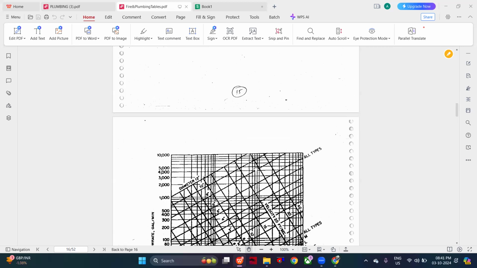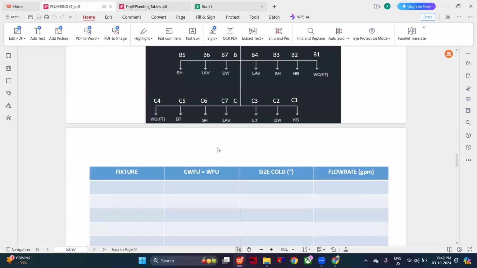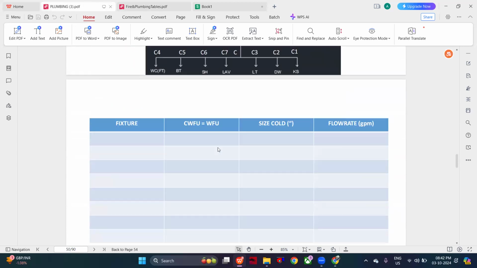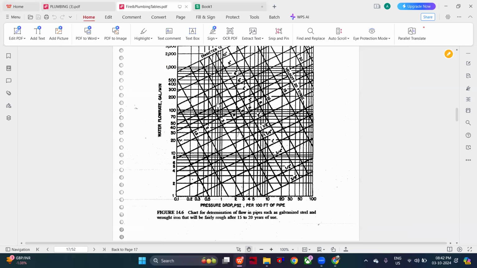Why do I take 5 as a constant? Because I cannot take more than 5 head loss. So that's why I make this a constant. 5, 7. So the pipe size is 1 inch.